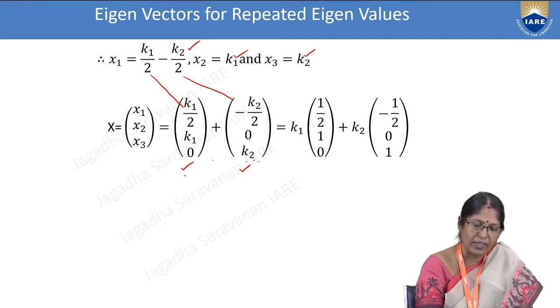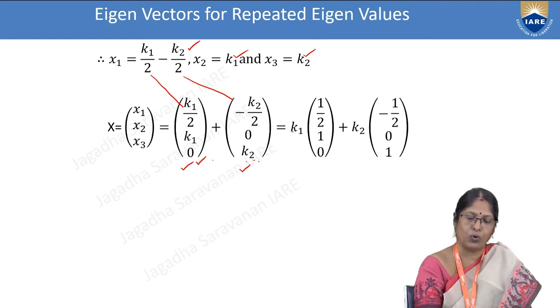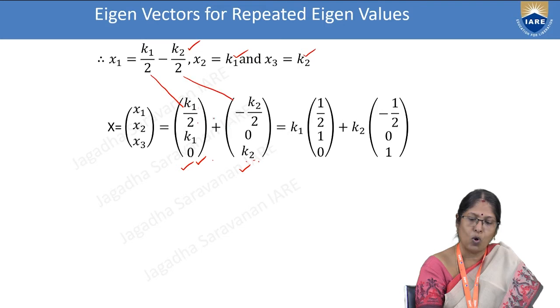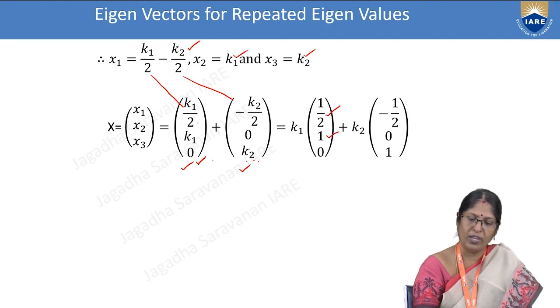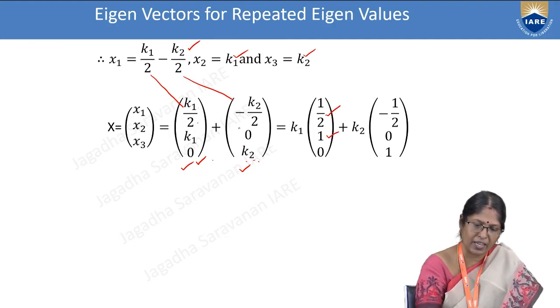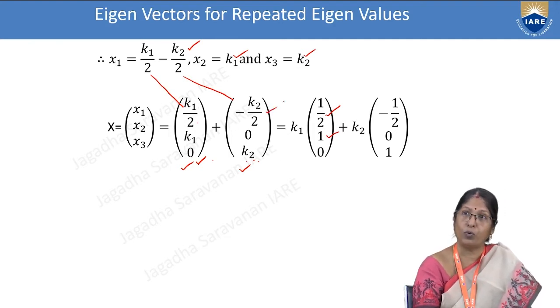Now in the first matrix, we take k1 common. The balance here is 1 by 2. Here k1 is coming out, the balance is 1. Now 0 as it is. Here we take k2 common out. The balance is minus 1 by 2. The 0 is written.